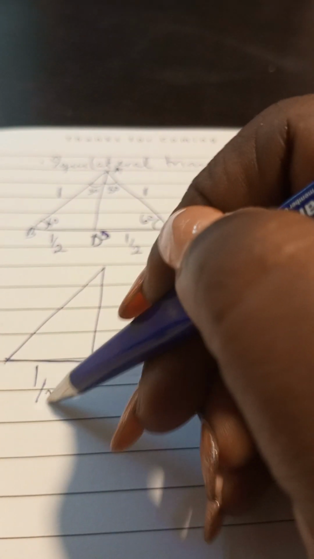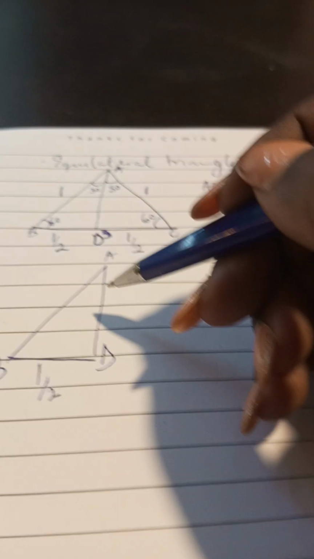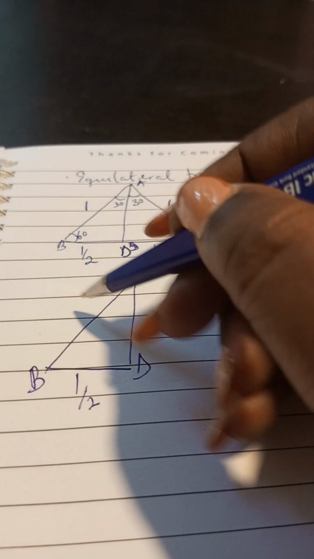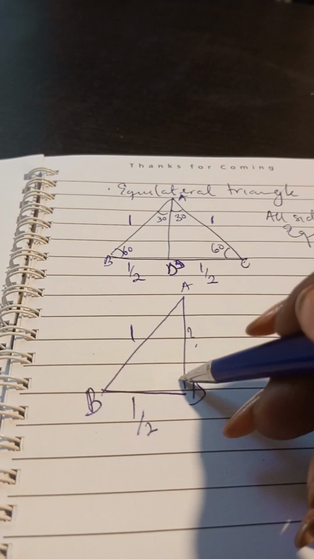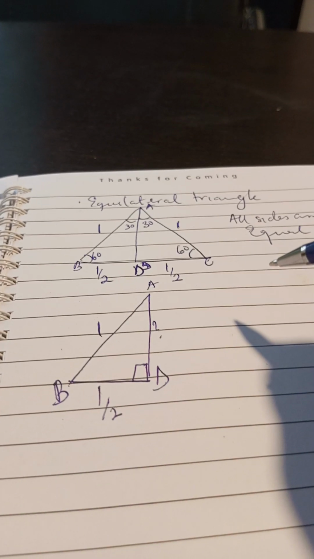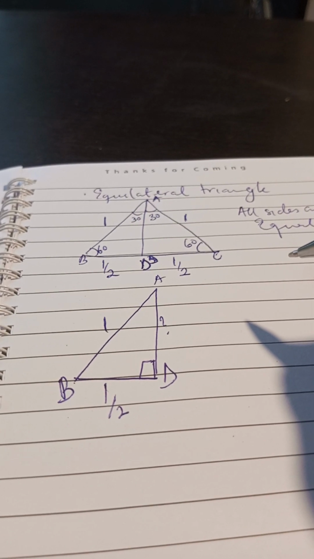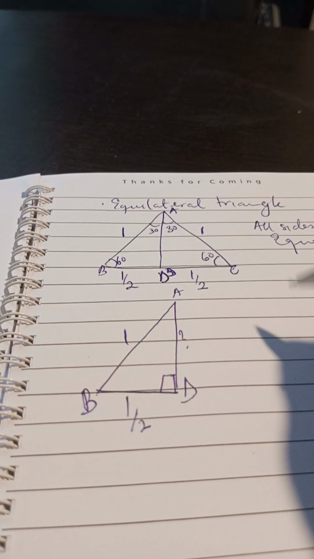You have your half, and you have AD and B. So in that aspect, you have BD as half, AB as 1, but AD is unknown. Angle D is a right angle, so AB is the hypotenuse, BD is the base, and AD is the other side that is yet to be found.